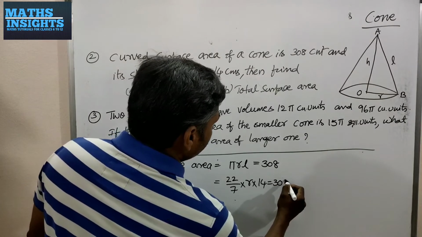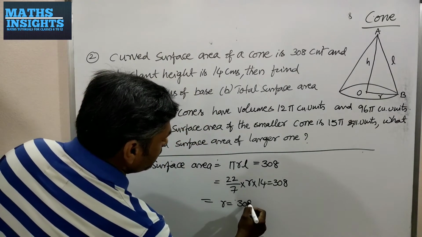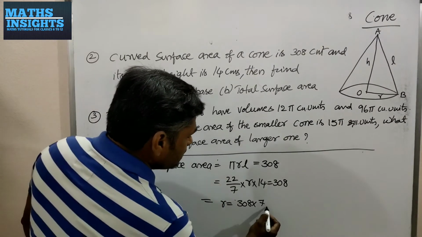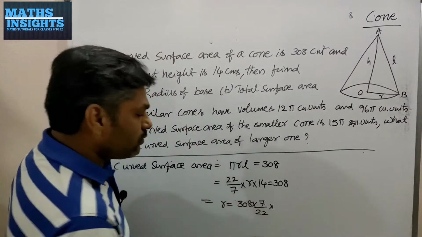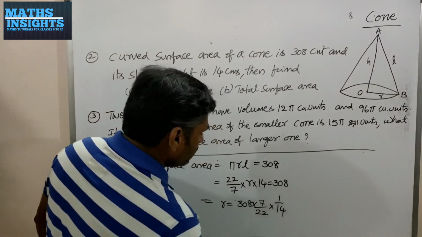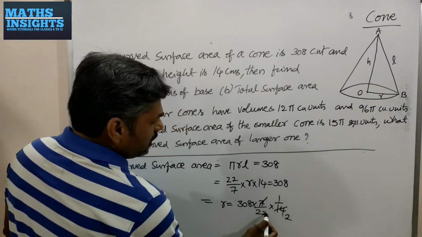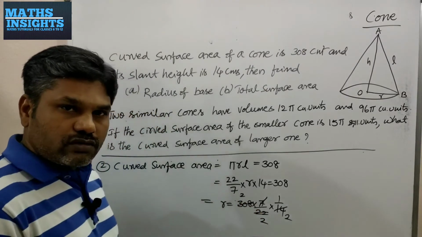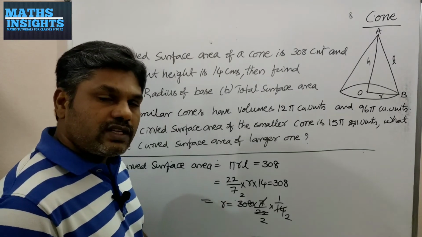that is equal to 308. So R is equal to 308 into this 22 by 7 will become 7 by 22, and this 14 by 1 will become 1 by 14. So if you cancel this, 7 ones are 7, 2 twos are 4, 11 twos are 22, 11 twos are 22, and you have 88.